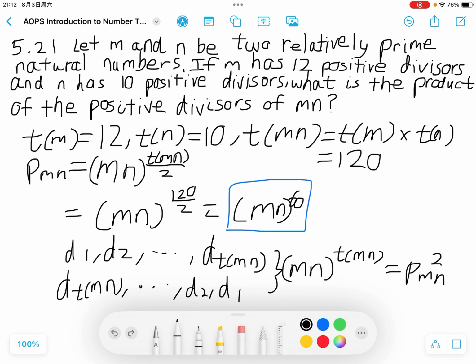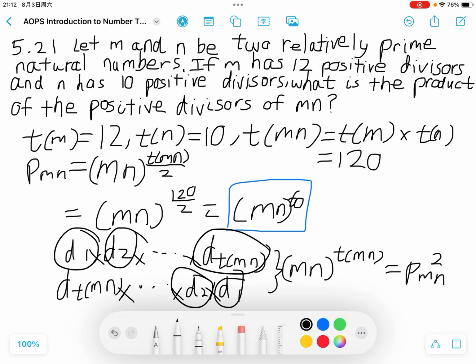If we pair every pair up here and multiply the two equations, then we've multiplied every divisor twice, because we have d1 and d1, d2 and d2, etc., d(T(mn)) and d(T(mn)). So this is actually P(mn) squared. So we take the square root of that.